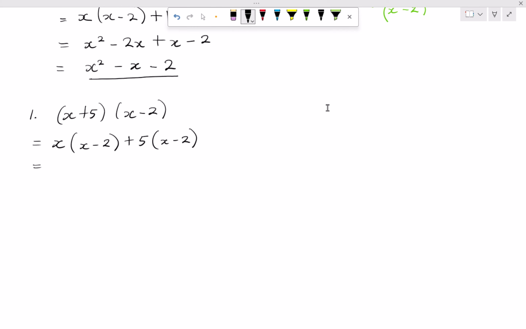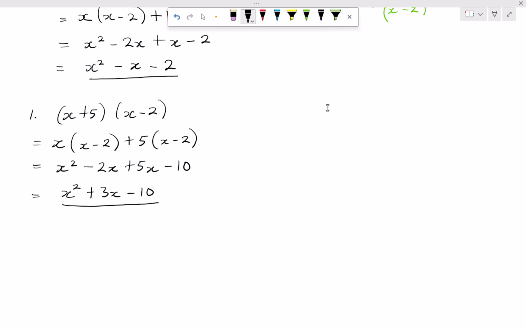Okay, x times x, x squared, x times negative 2, that's negative 2x, 5 times x, that's 5x, 5 times negative 2, that's minus 10. We group like terms together and we have x squared, minus 2x plus 5x, that's plus 3x, minus 10. And that is our final answer.